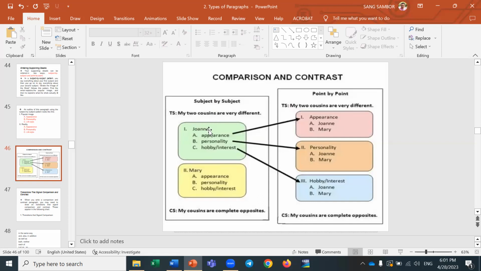You say Johnny and Mary. The difference is in terms of appearance, personality, hobby, and interest. And then you say the different appearance, personality, and hobby and interest of Johnny. And then you go on to say the different appearance, personality, and hobby or interest of Mary. So this is subject by subject.